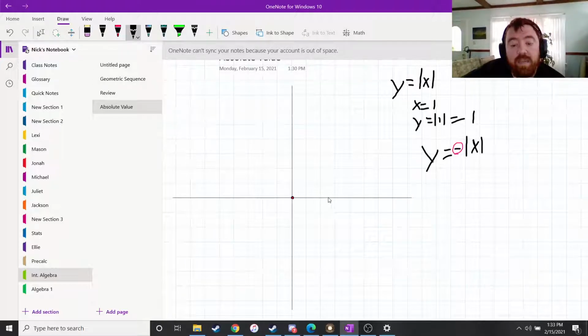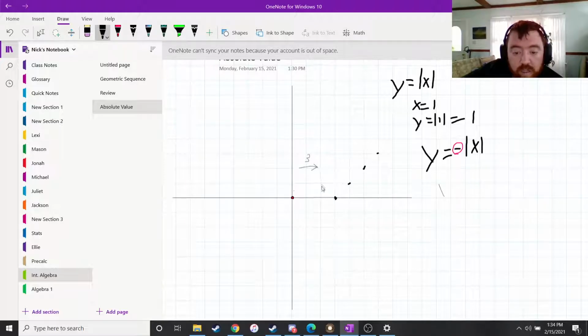Let's say we wanted to move the graph to the right 3 units. So we would have our starting point be 1, 2, 3. It's going to be there. Then we continue our normal looking graph.